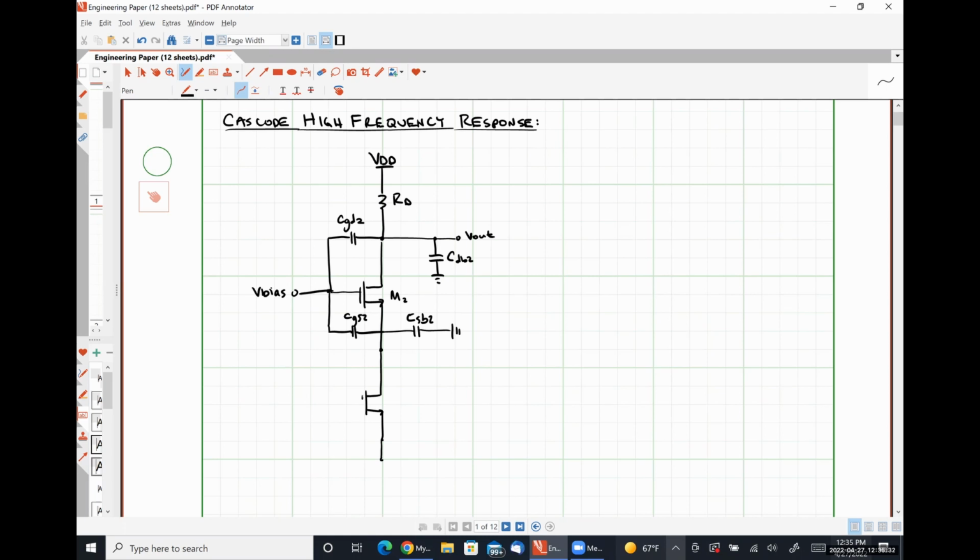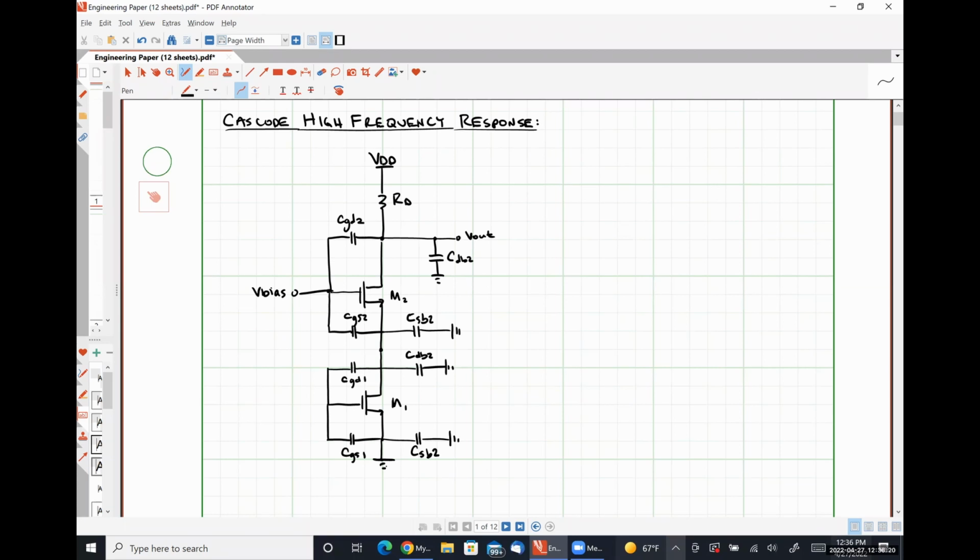For transistor M1, we have our gate drain capacitance, CGD1, our gate source capacitance, CGS1, our drain body capacitance, CDB1, our source body capacitance, CSB1.